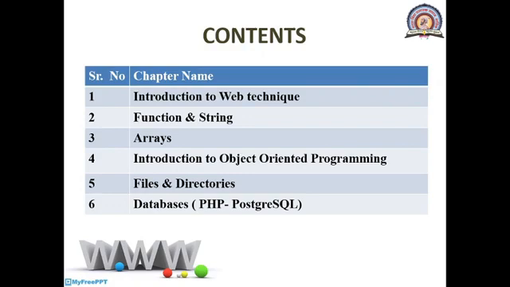And through application programs, how to access that data from databases. That means we are going to write application programs using PHP, and how to access that data through that PHP application program, that we are going to study in this sixth chapter. This is the content of the syllabus.